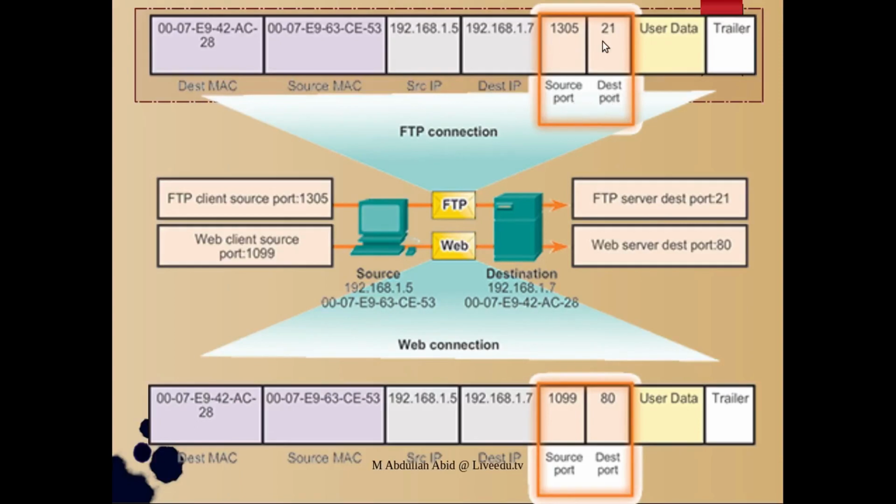These addresses are a must for communication over networks, and they are followed by the user data. Now, there are some standard processes which have standard port numbers associated with them, and some port numbers are free for use, so we can assign any port number to a service.